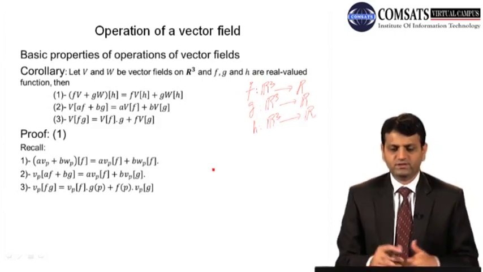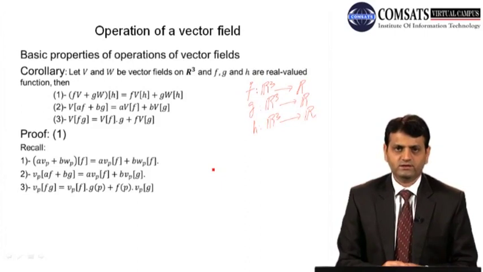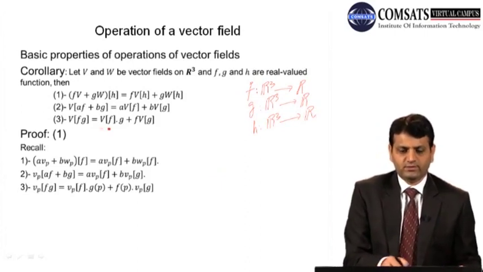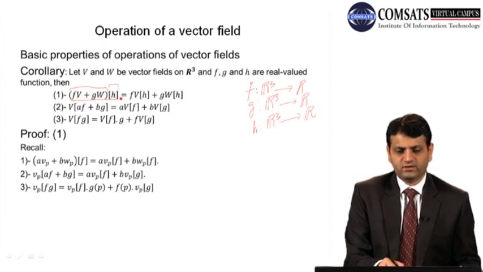Now, when do we say that two functions are equal? Remember, in this first statement, v is a vector field and h is a real valued function, and the operation of a vector field on a function is again a function.